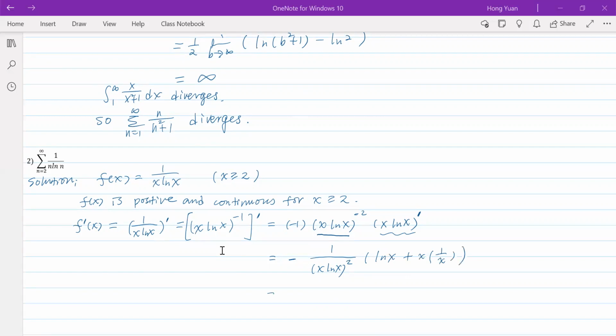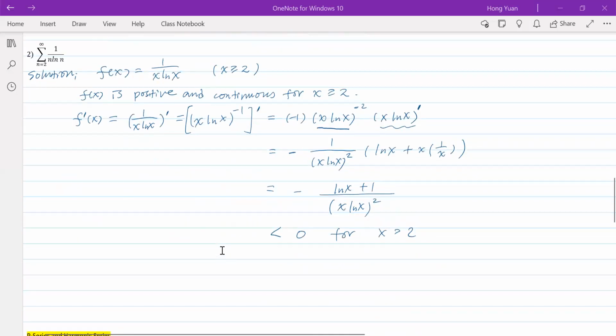The answer is negative: the denominator is the square of x ln x, and the numerator is ln of x plus 1. This is less than 0 for x greater than 2.